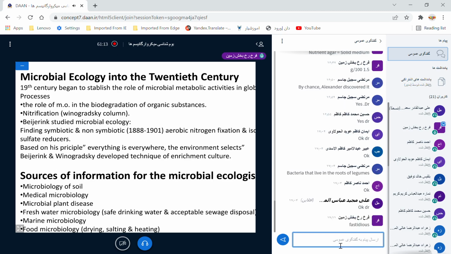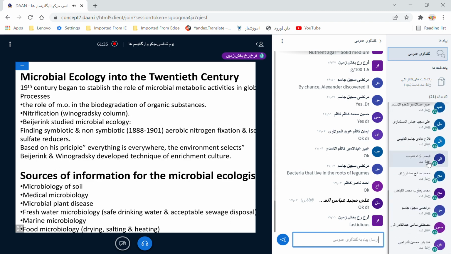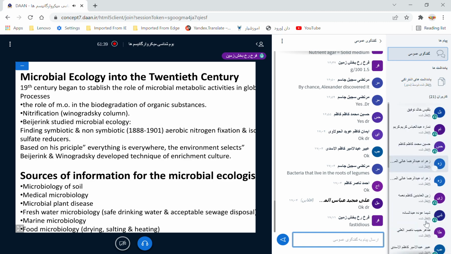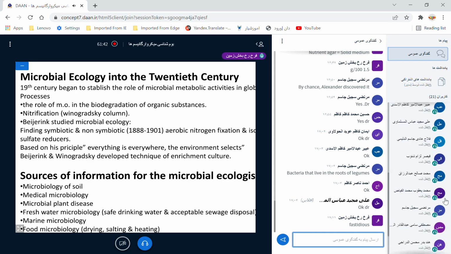Fastidious microbes need more food than others. For example, you have two children. Whatever you put on the table, one of them eats and says thank you. And another child says, I don't like fish, I don't like meat, I don't like pizza, I like, for example, chocolate.